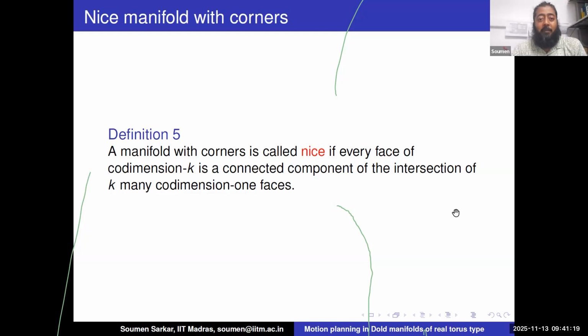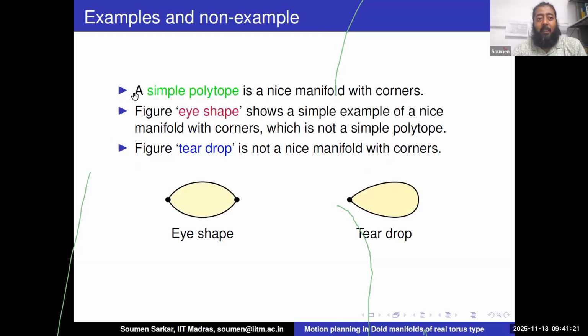However, if the orbit space is nice enough, for example like these, simple polytopes such as simplices or products of simplices, it is much nicer, like regular n-dimensional cubes.